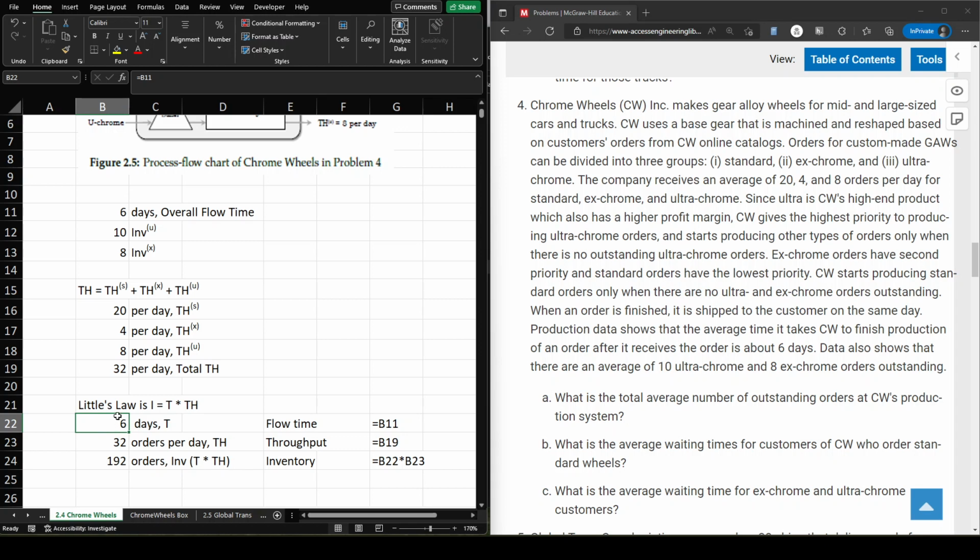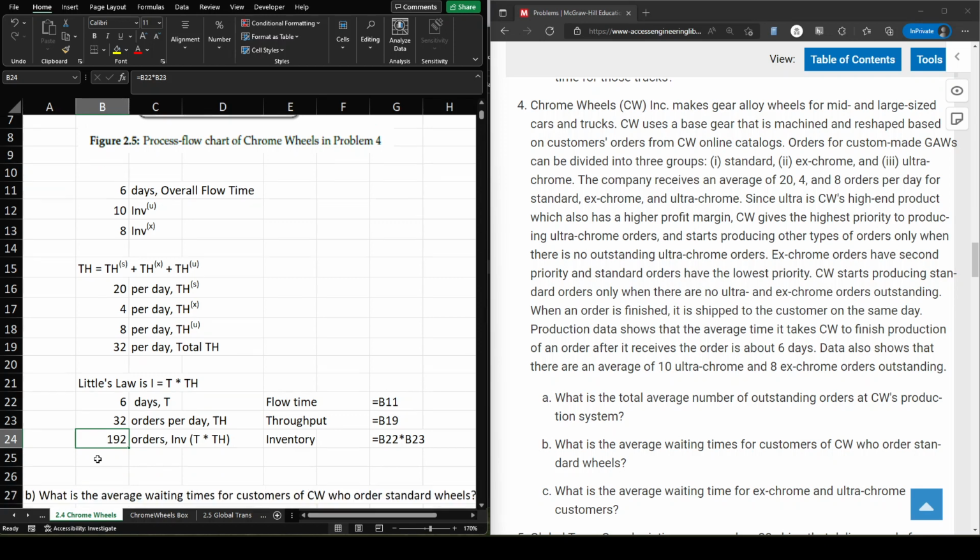If the overall flow time is 6 days on average, and if the total throughput is 32 orders per day, that gives us an inventory of 192 orders in the system. This is the answer to the first question. What is the total average number of outstanding orders? It is 192 orders, because per day there's 32, and across 6 days that gives us 192 orders in the system.